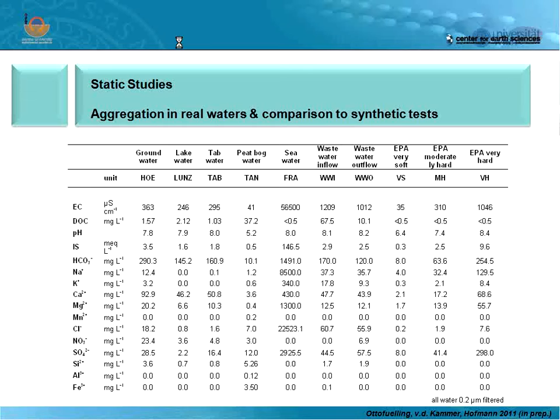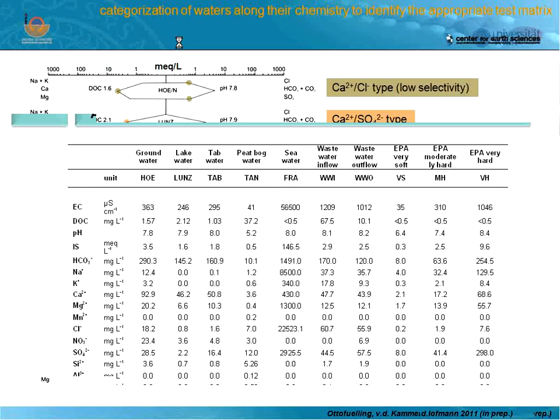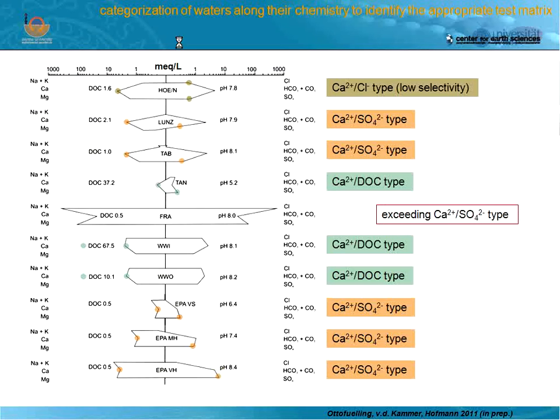We made a nearly complete hydrochemical analysis here, and from the hydrochemical analysis we went into what we know in hydrogeochemistry, the so-called Stiff diagram, to categorize our waters.